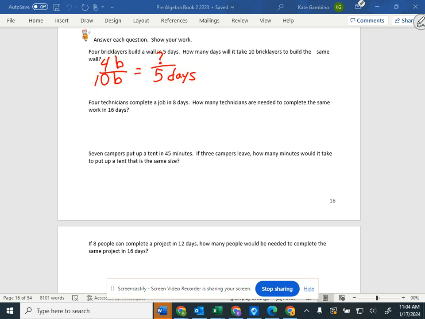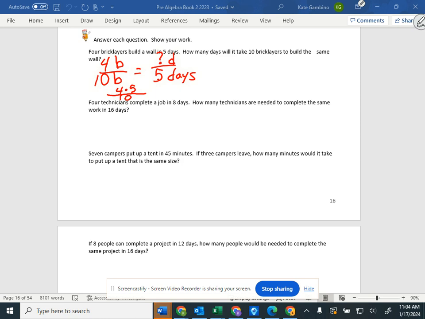So we're going to multiply by that 5 days to get the days up here by itself. Multiply by 5. So we're doing 4 times 5, and we're going to divide by our 10 bricklayers.